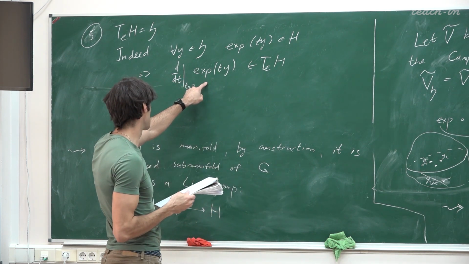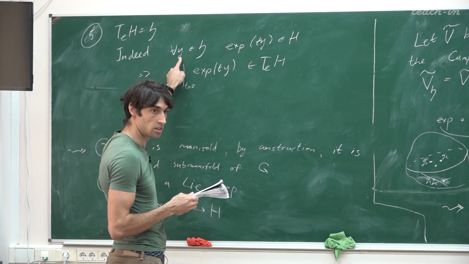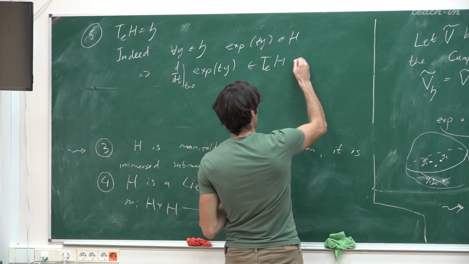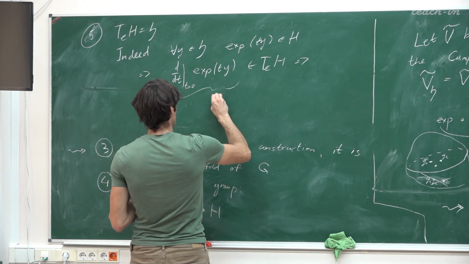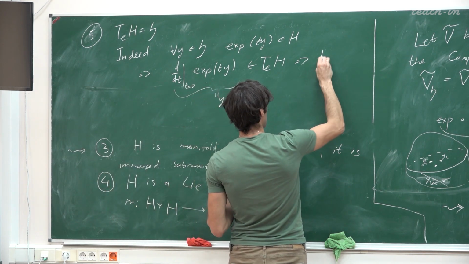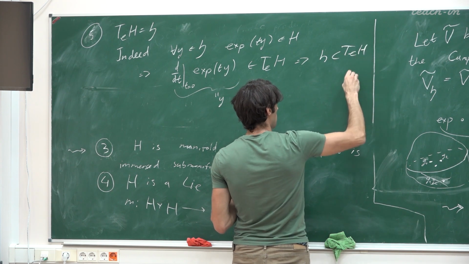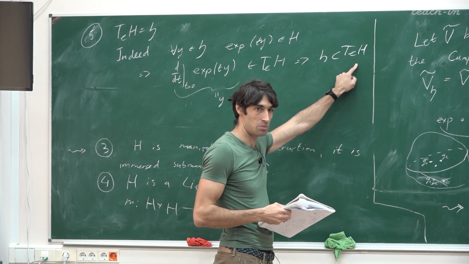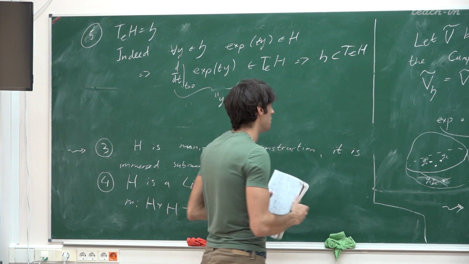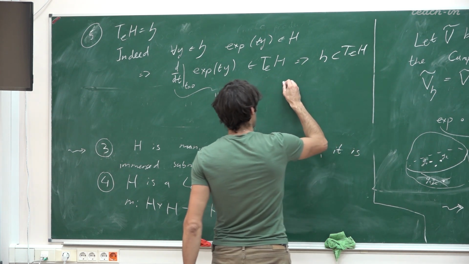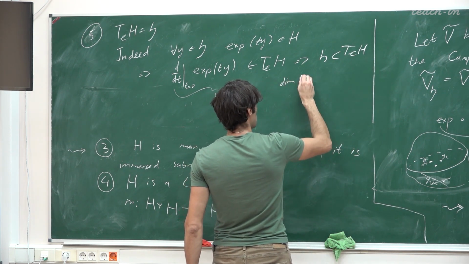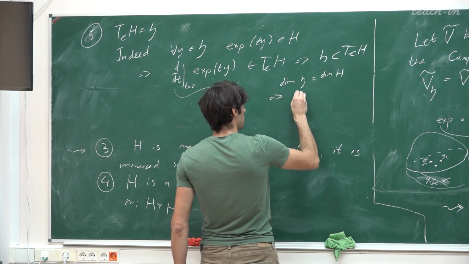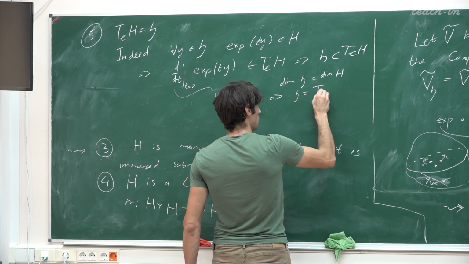But the tangent vector to this curve is y, right? So therefore y belongs to TeH. So it means that H is inside TeH, but we figured that the dimension of H and the dimension of H small are the same. So the dimension of H equals the dimension of H capital, so therefore H equals TeH.